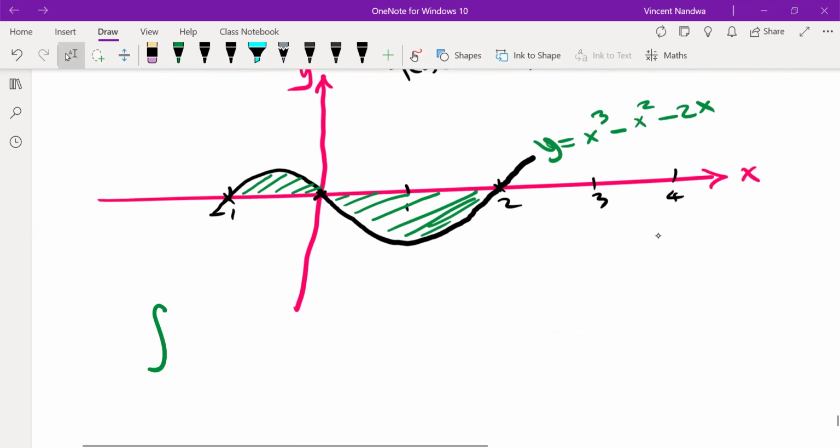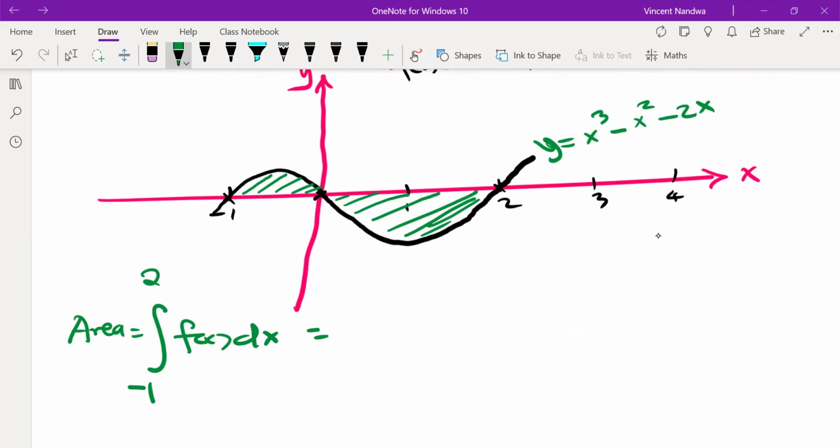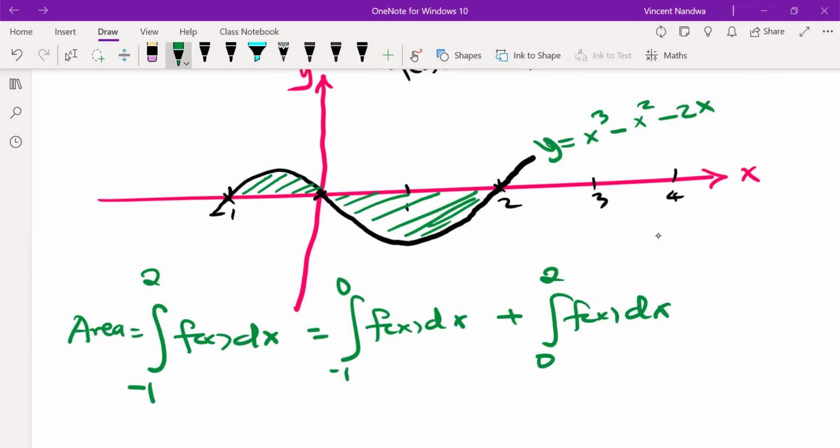So the area is the integral from -1 to 2 of f of x dx. Now we split into two parts: -1 to 0 of f of x dx plus 0 to 2 of f of x dx.